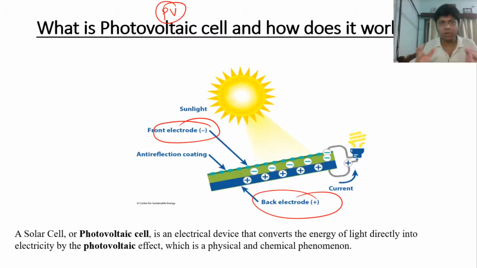That is all about the working of the photovoltaic cell. So a solar cell is an electrical device that converts the energy of light directly into electricity by the photovoltaic effect, which is a physical and chemical phenomenon.